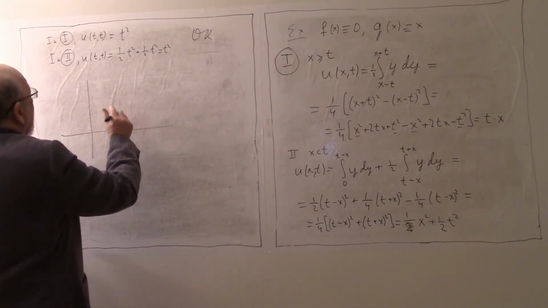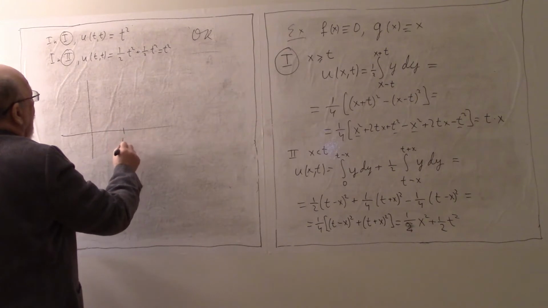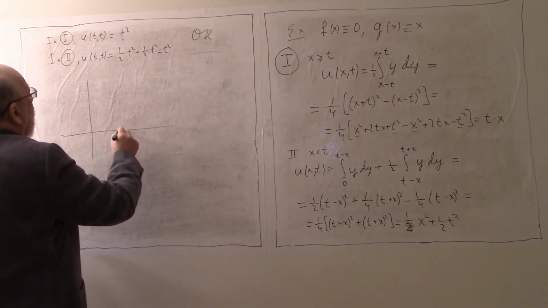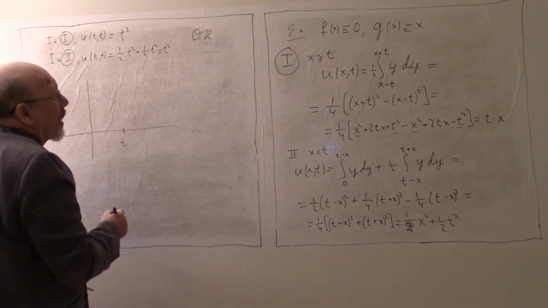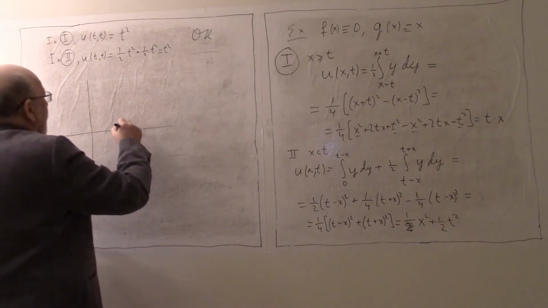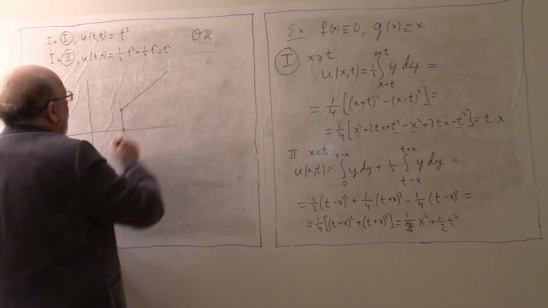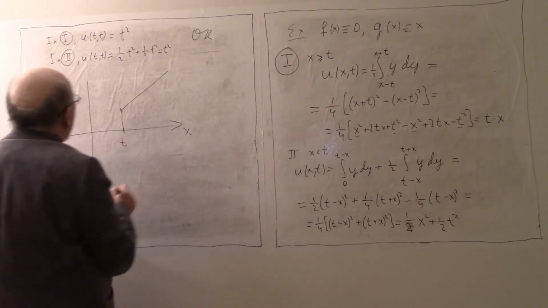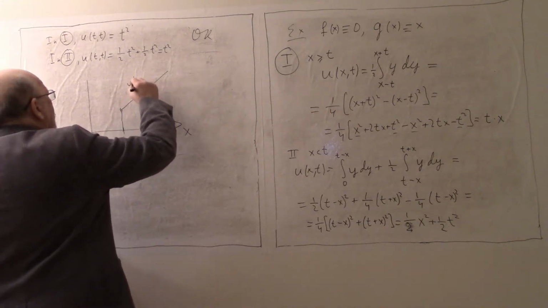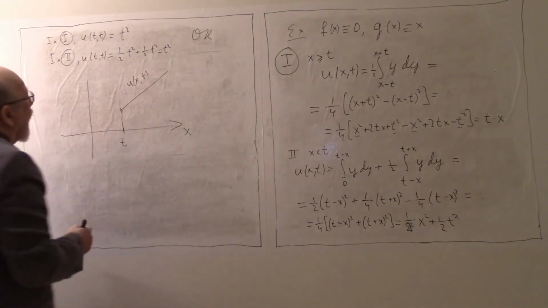So at the moment t, for x more than t, the function is t times x. So here it is a linear function, so it is x. Yes, it is u of x, t.